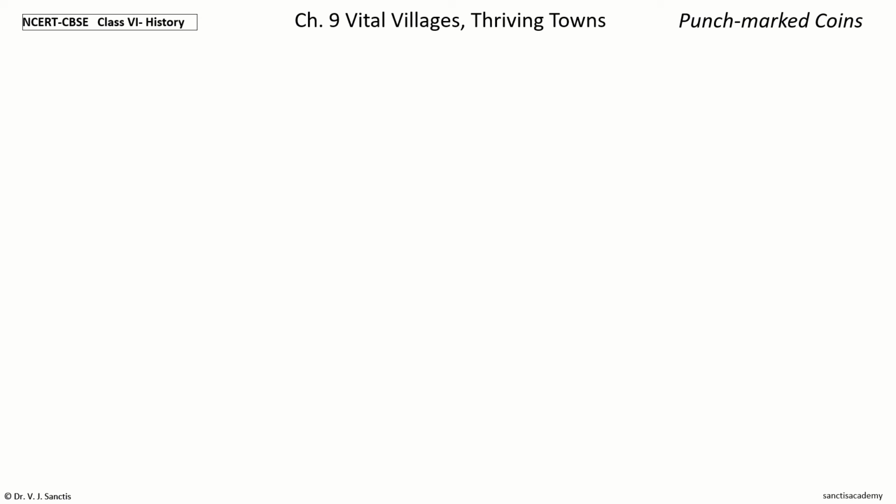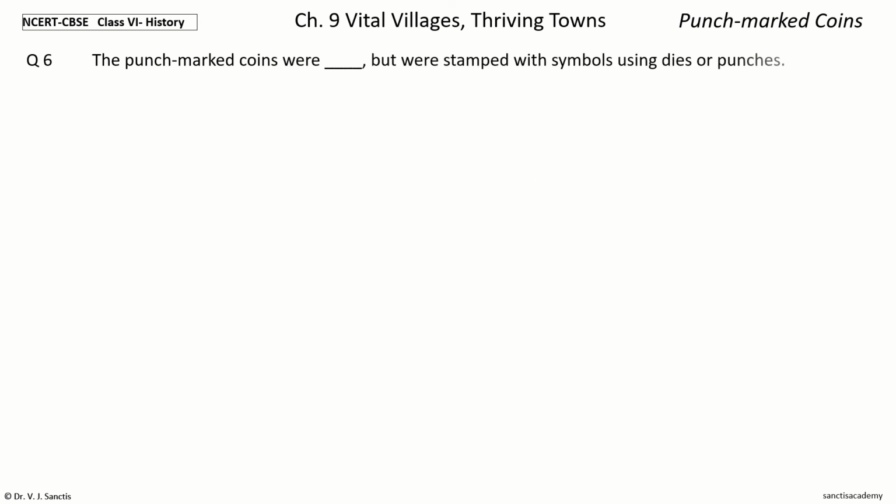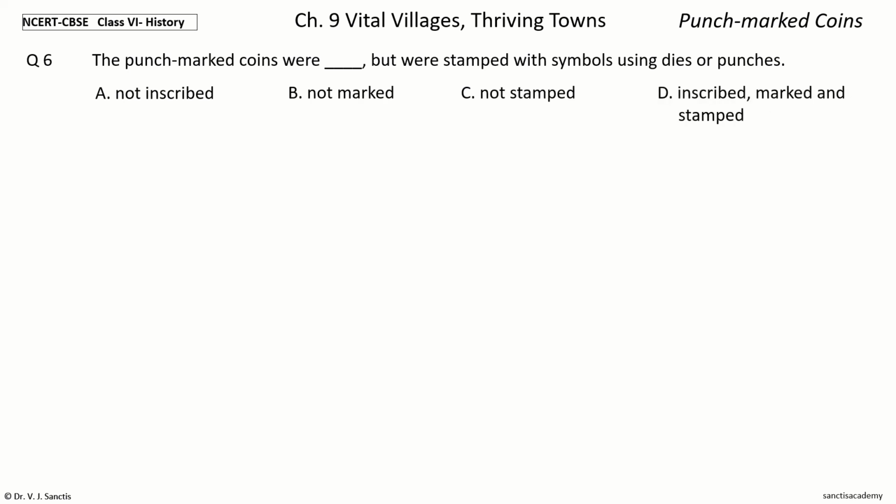Question 6. The punch-marked coins were dash but were stamped with symbols using dies or punches. The options are not inscribed, not marked, not stamped, inscribed, marked and stamped.